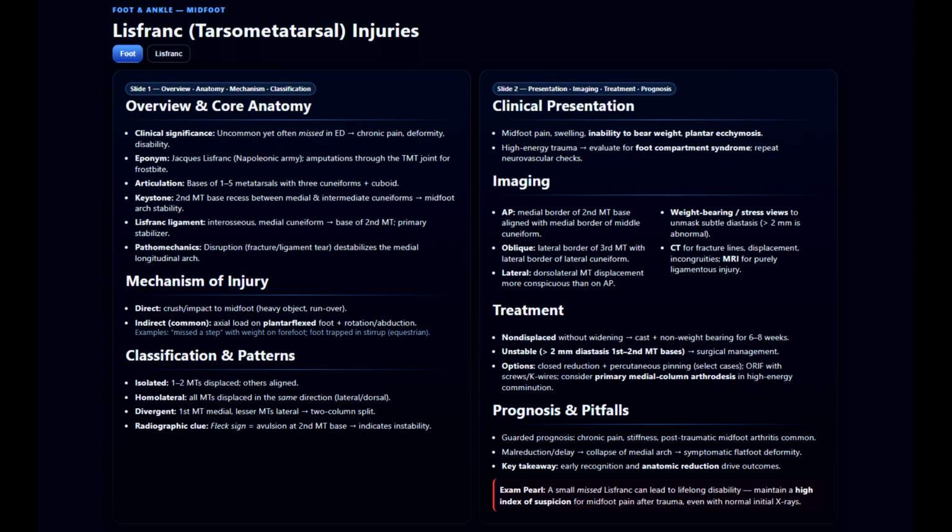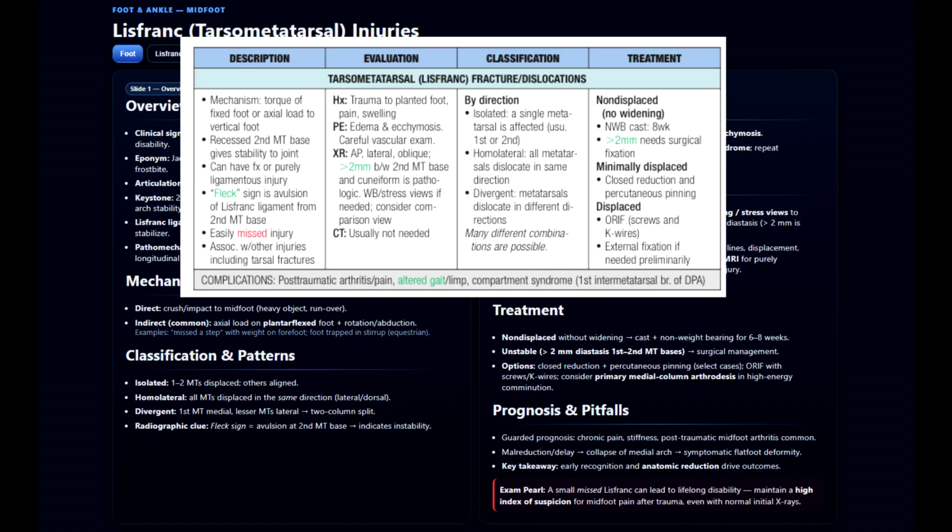Minimally displaced injuries may sometimes be stabilized with closed reduction and percutaneous pinning. Displaced injuries, however, almost always require open reduction and internal fixation using screws or Kirschner wires to stabilize the first and second metatarsals to the cuneiforms.